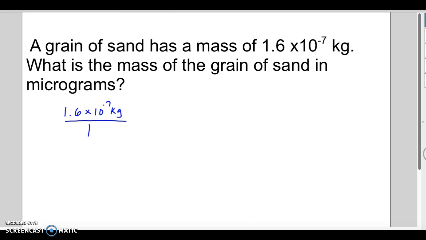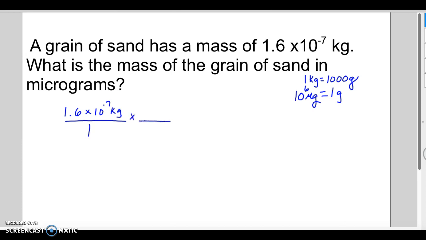You could possibly know how many micrograms are in a kilogram, but the ones that I keep track of, that 1 kilogram has always 1,000 of the base unit. And then I know that there's 1,000,000 or 10 to the 6 micro anythings, but in this case micrograms, in a gram. So I'm going to choose to use both of those equalities.